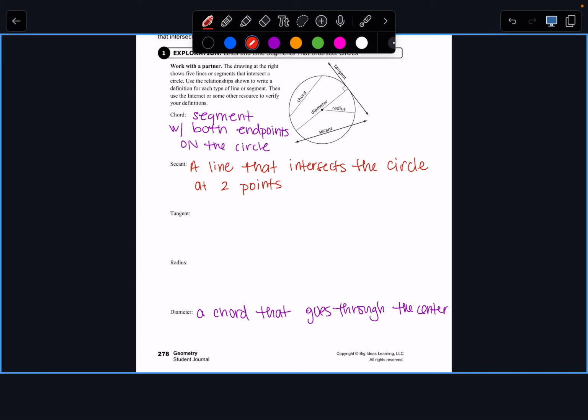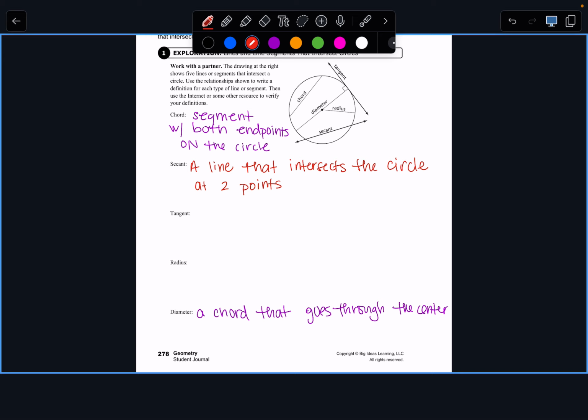Okay. Now, tangent is like a secant, but one.